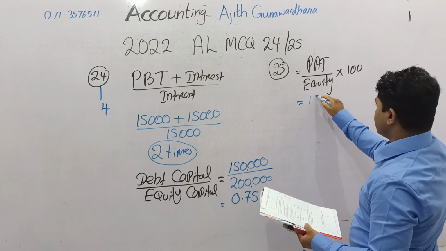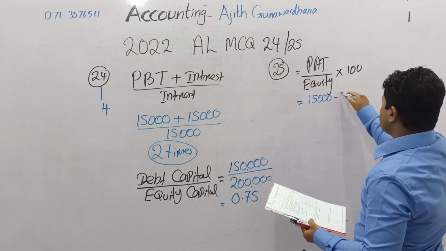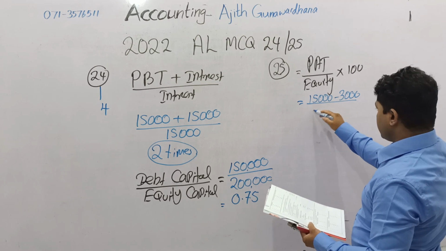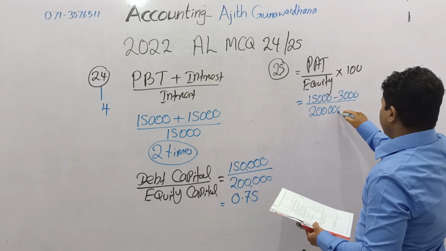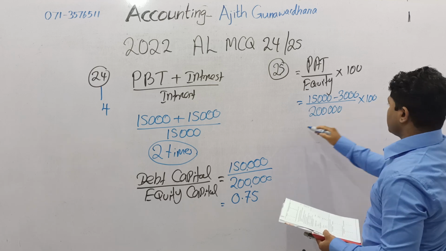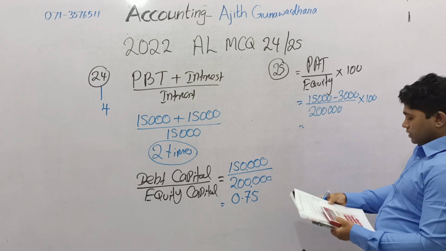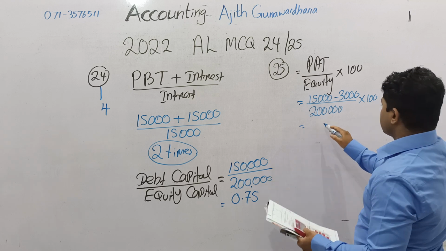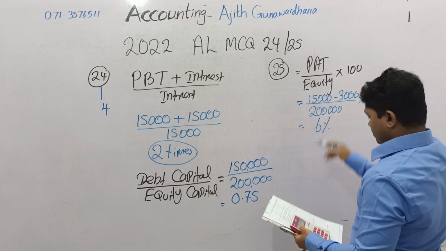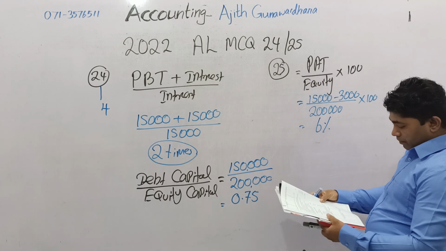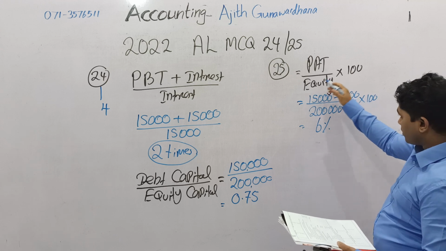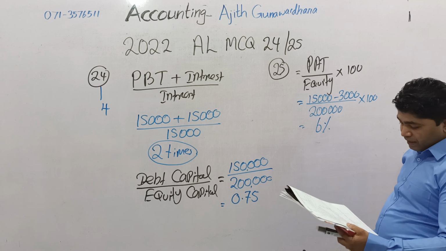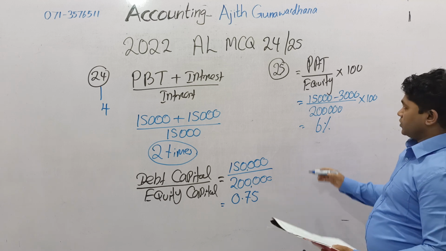Profit before tax 15,000 minus income tax gives 12,000, and equity is given as 200,000. Therefore 12,000 divided by 200,000 into 100, the answer is 6%. Return on equity ratio is 6%, a profitability ratio, therefore expressed as a percentage.